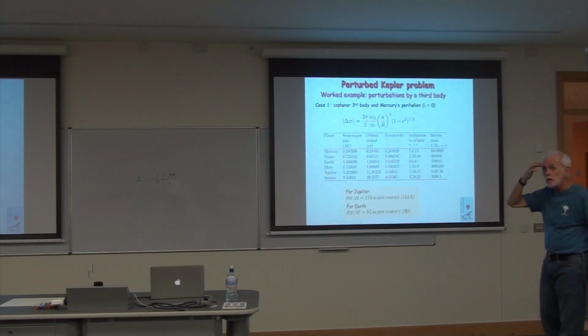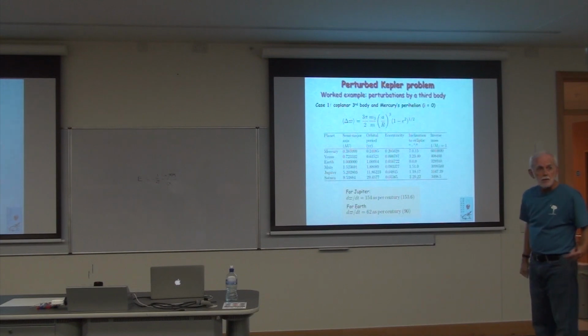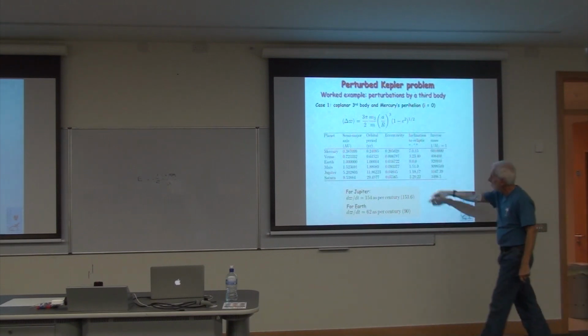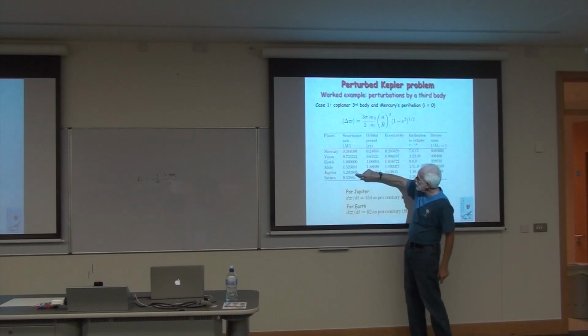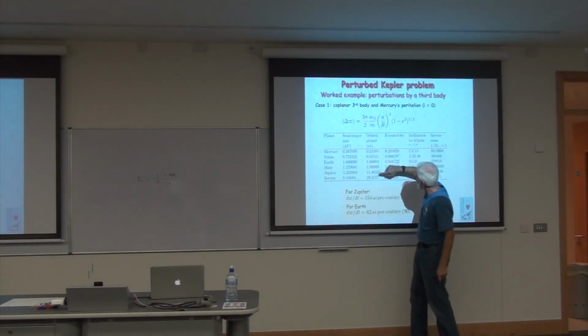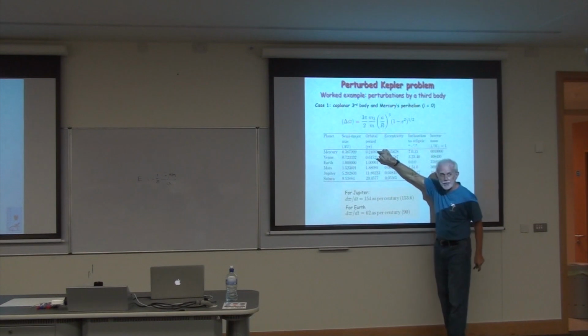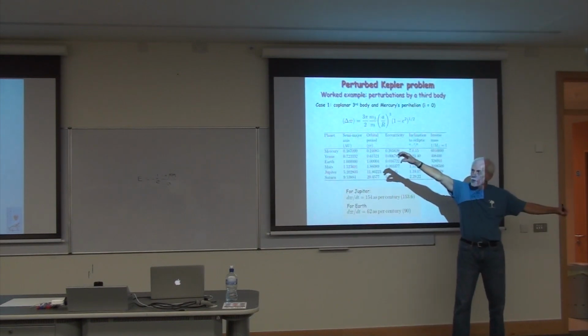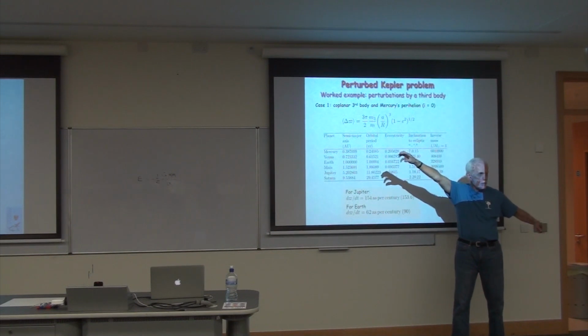Remember, we assumed the orbital period was long compared to the inner period. We had this guy fixed while we integrated over one orbit. Well, for Jupiter, that's not so bad. The period of Jupiter is 11 years. Mercury's is a quarter of a year. That's a factor of 44 or so. So Jupiter moves only a little over one orbit of Mercury.